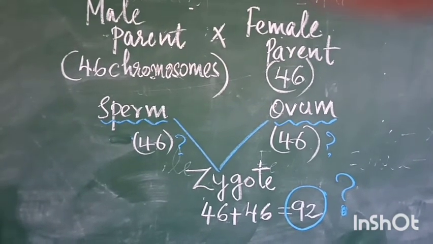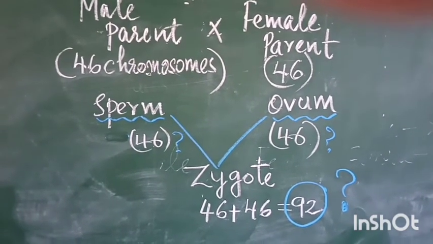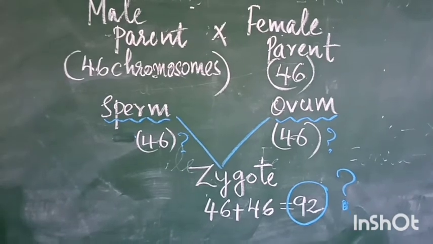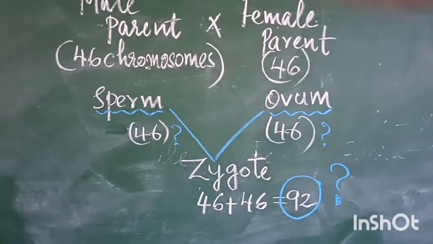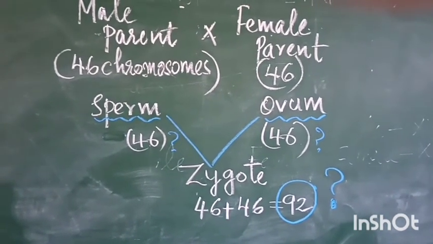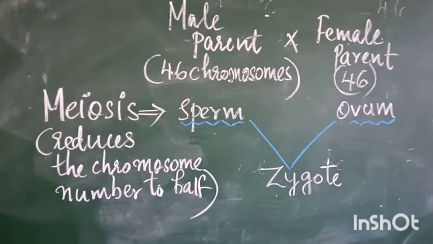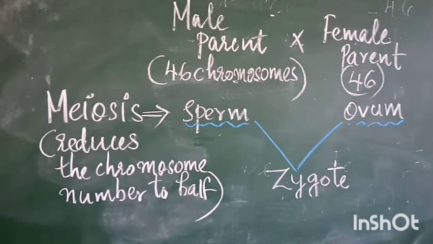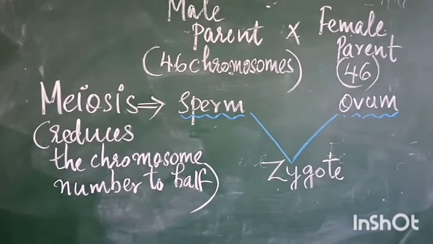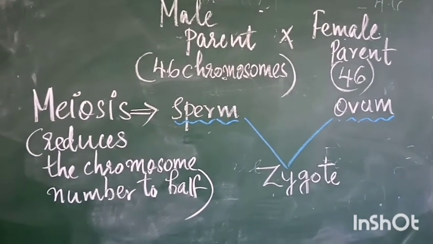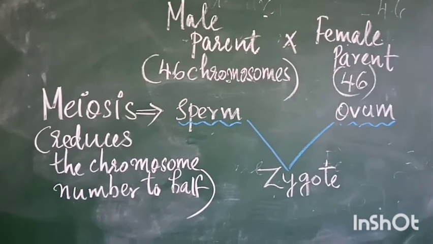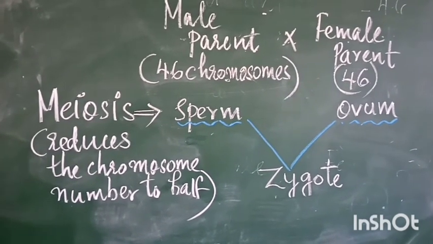Then how is this chromosome number maintained generation after generation? During gamete formation, a special type of cell division called meiosis takes place, and this cell division reduces the chromosome number to half.